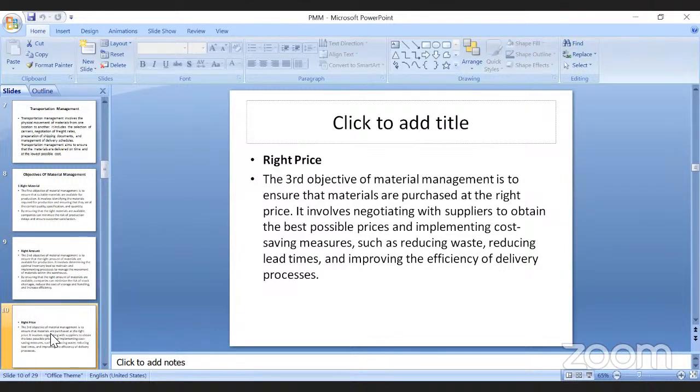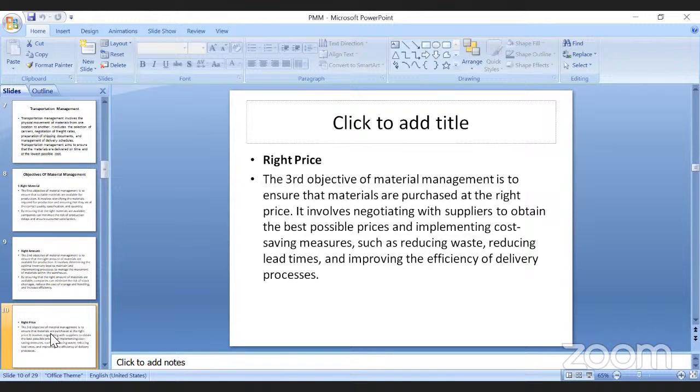What do you mean by right price? That means when we are purchasing any item, any raw materials, it depends upon whether it is the right price or not. We have discussed this right price already.